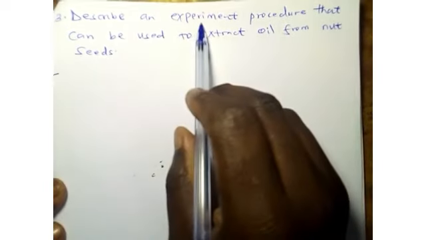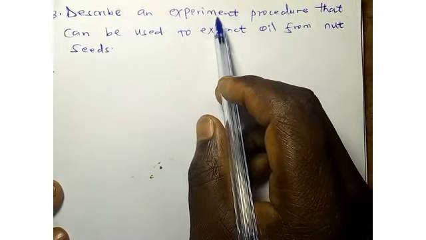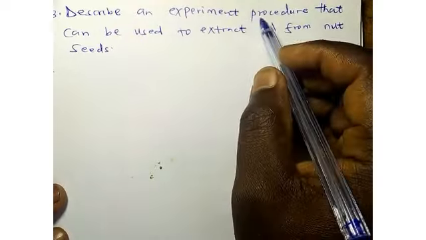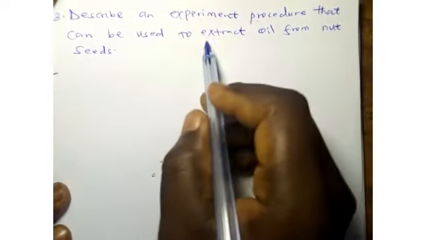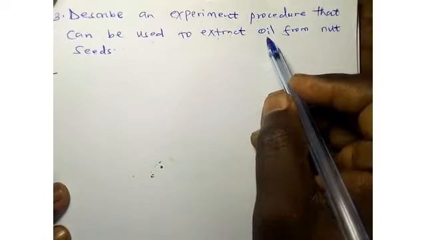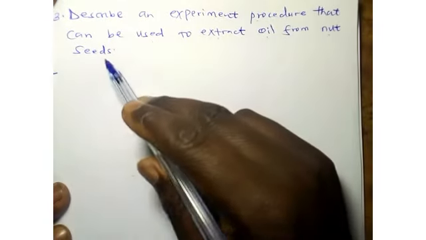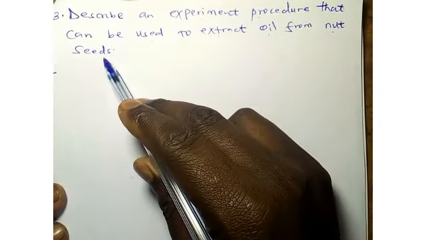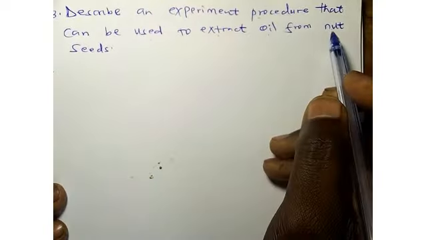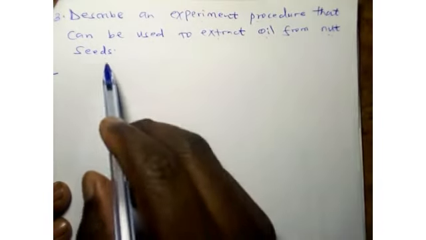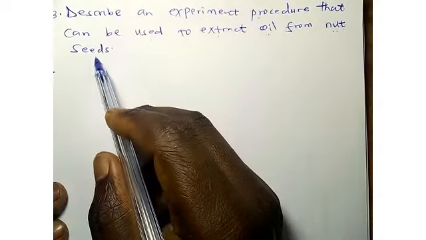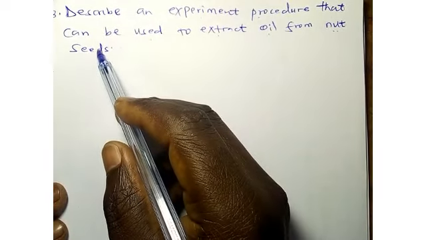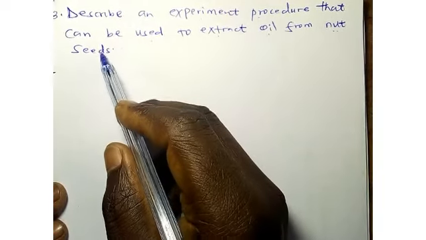Describe an experimental procedure that can be used to extract oil from nut seeds. Remember, oil can be extracted from nut seeds, from sunflower seeds, from groundnuts. It depends on the seeds you have been given.